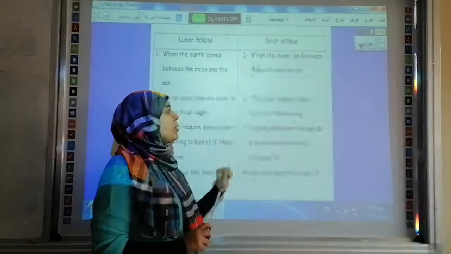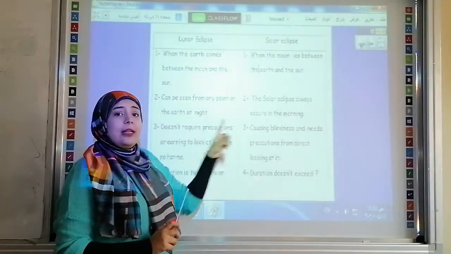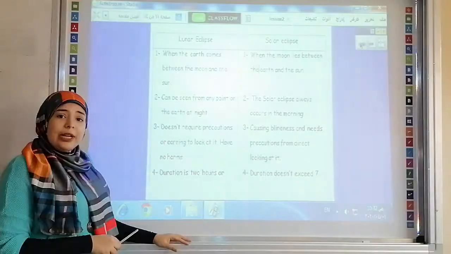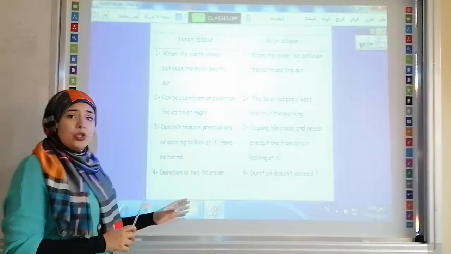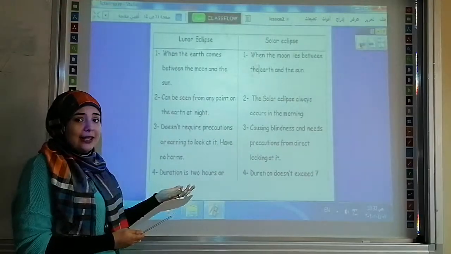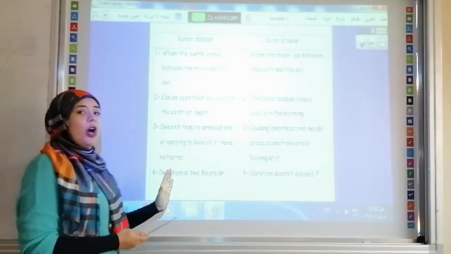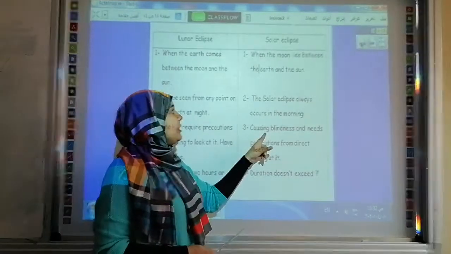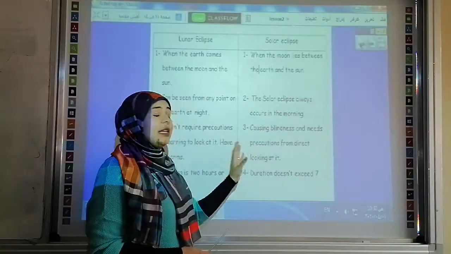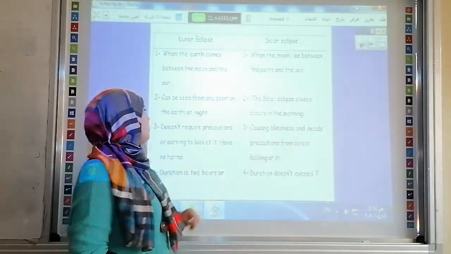A solar eclipse is seen only in the morning. A lunar eclipse doesn't need precautions. We can see it without wearing special glasses because it doesn't emit harmful radiation. But in a solar eclipse, we must wear special glasses because it emits harmful radiation.